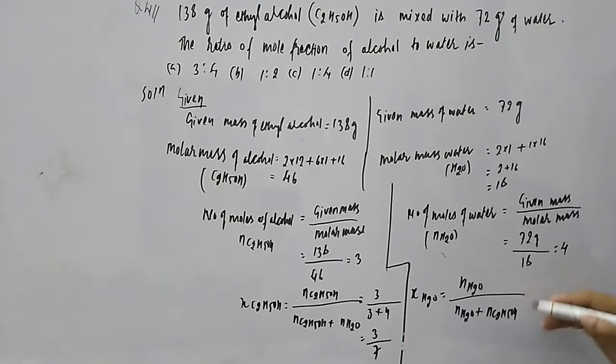Now calculate X of H2O: n of H2O is 4 mole divided by total mole, 4 plus 3, so it is 4 by 7. Now to calculate the ratio of mole fraction, X of C2H5OH to X of H2O, it is 3 by 7 to 4 by 7.